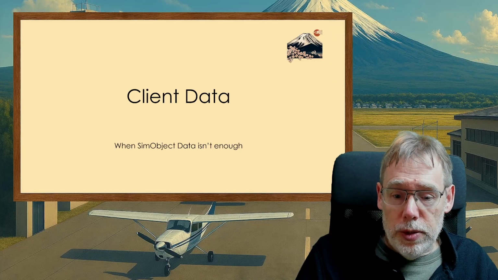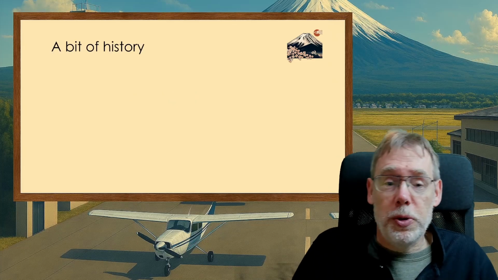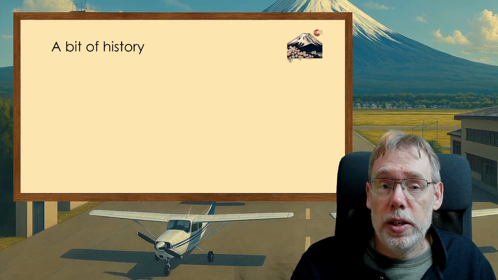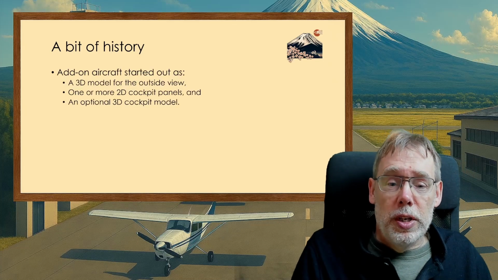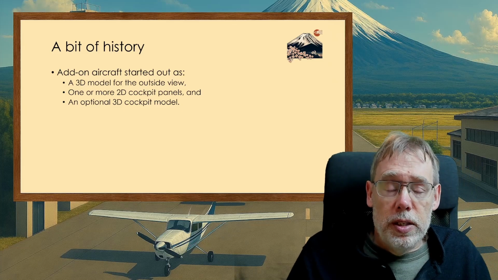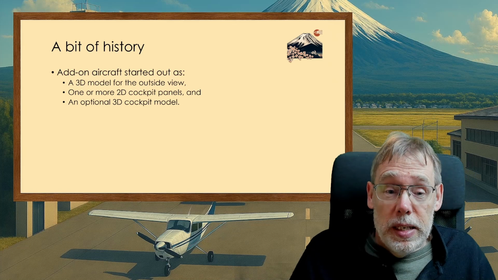Now, let's start, and I'm sorry if that's a bit predictable, with a bit of history again. Some of it I've already touched upon, but we have to start out and discuss how add-on aircraft started out.